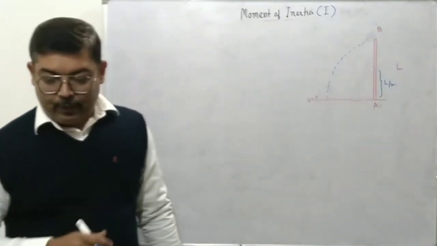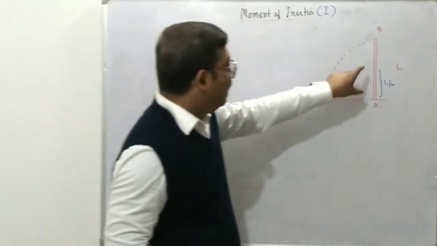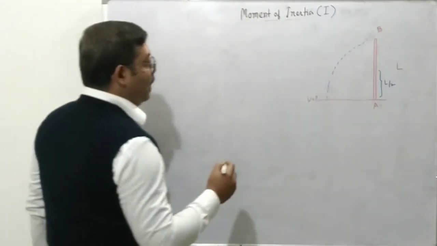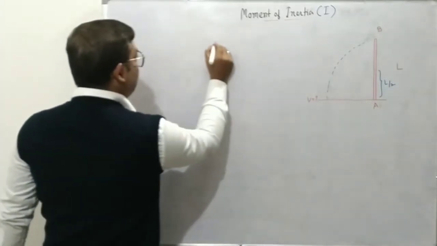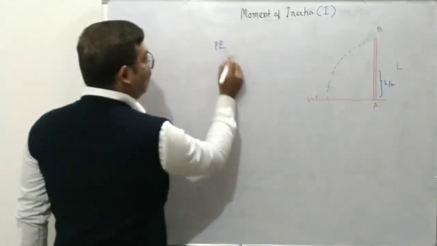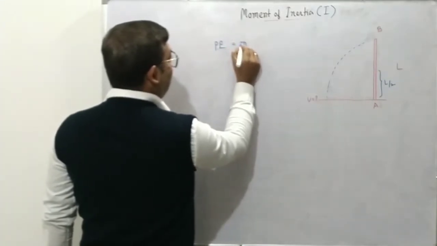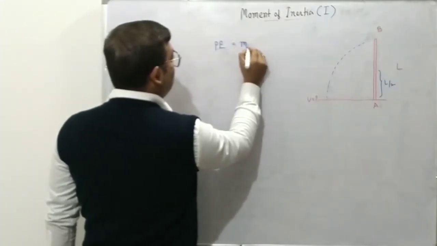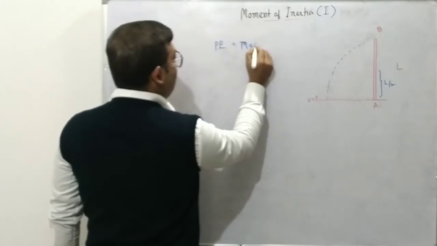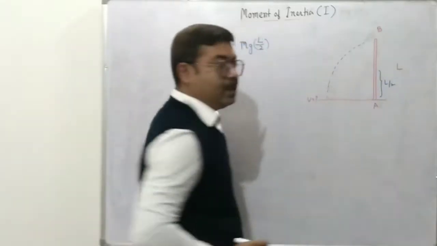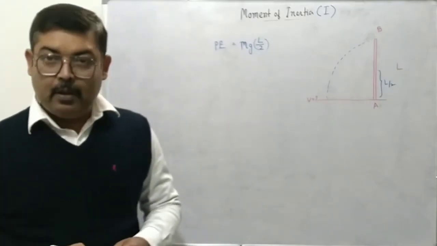So, why it is important is that if we consider this, then we can find that the potential energy of the rod when it was standing would simply be M, if M is the mass of the rod, capital M say, G, and L by 2, where L by 2 is the height of the center of mass.